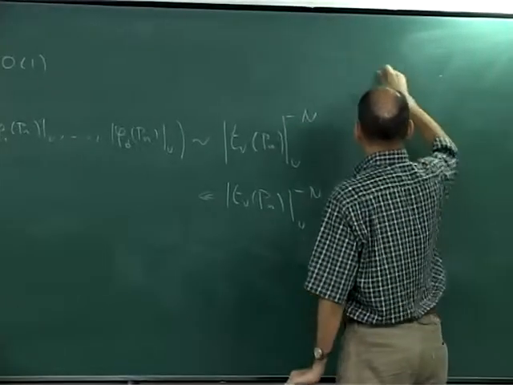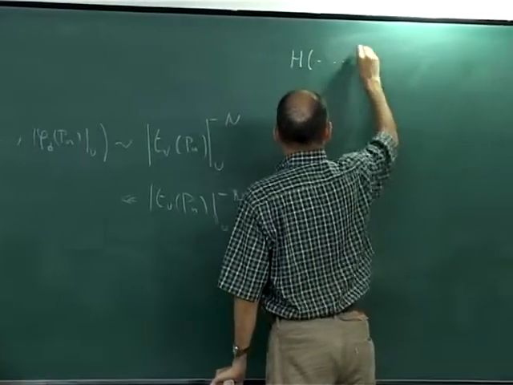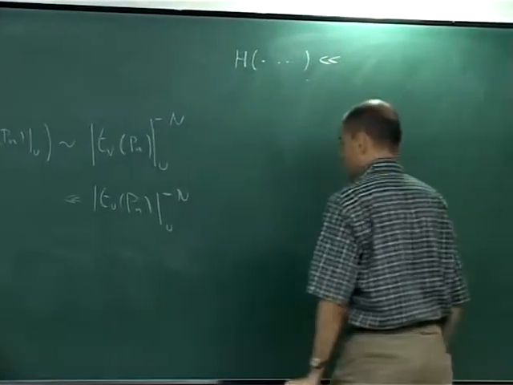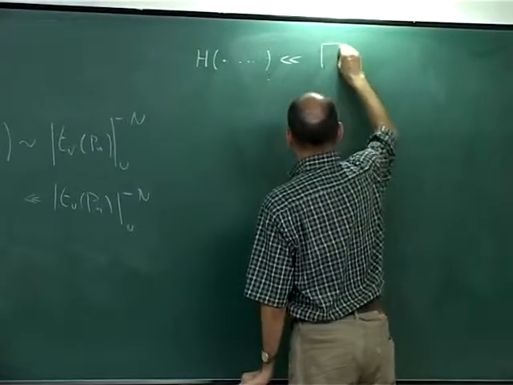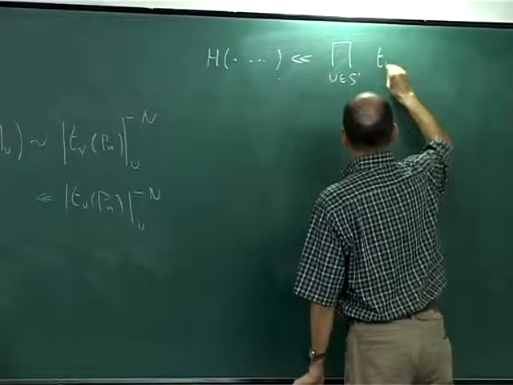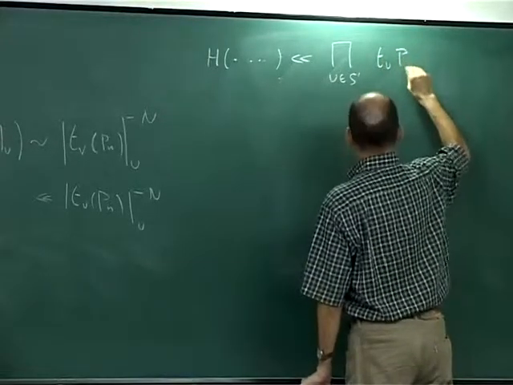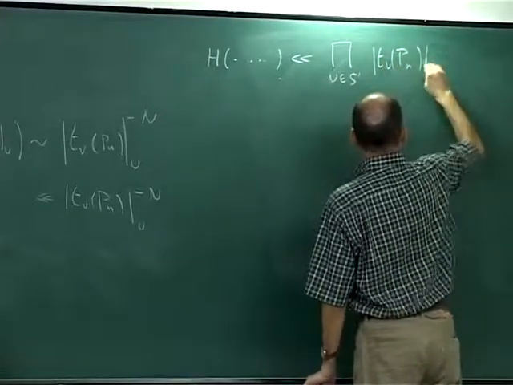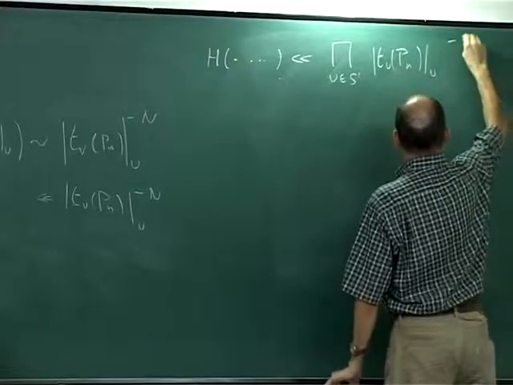So finally the height will be at most the product for nu in S prime of T nu Pn nu-adic absolute value to the minus n.